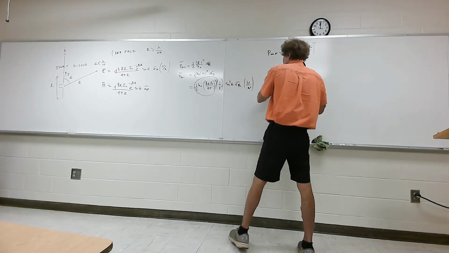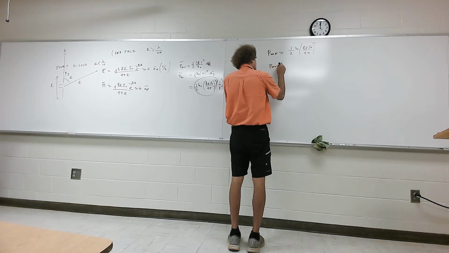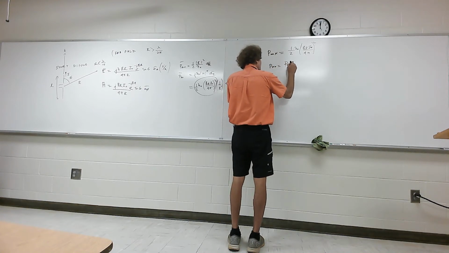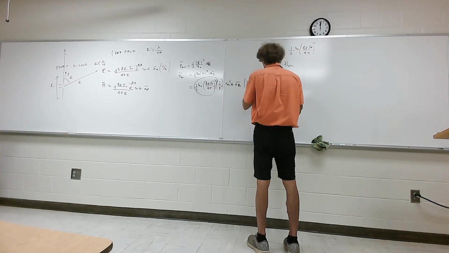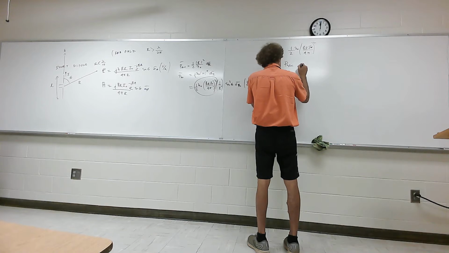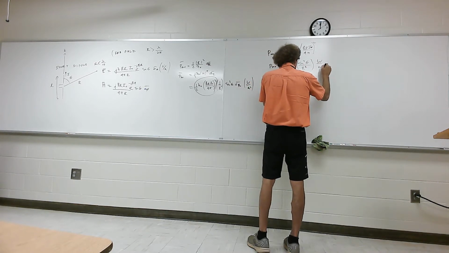Just leave it as that, and therefore my average power density is simply P max times sine squared of theta over r squared, and this would be in watts per meter squared.